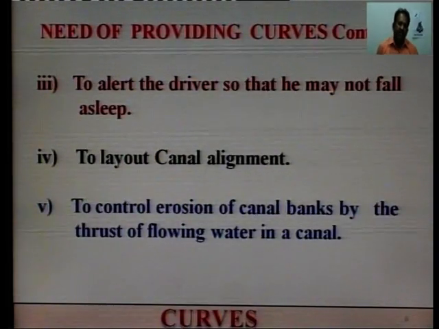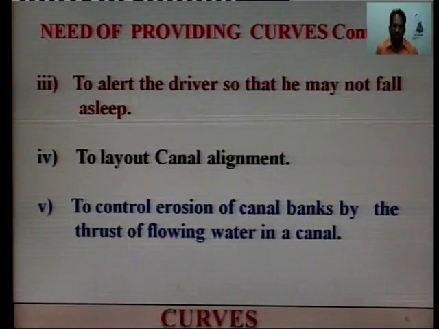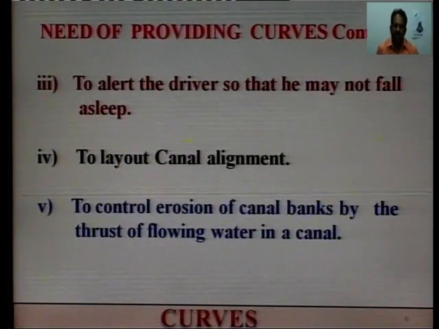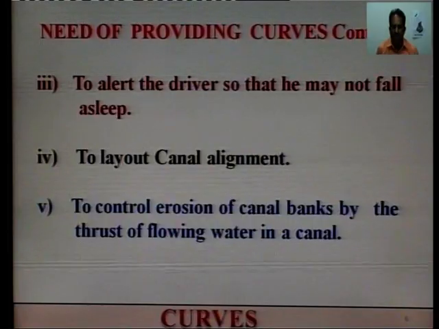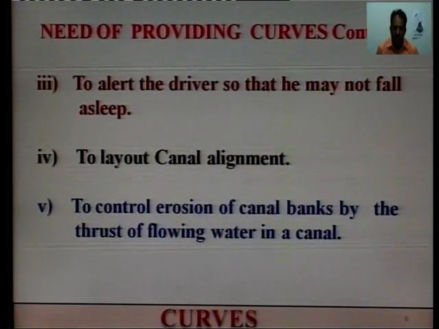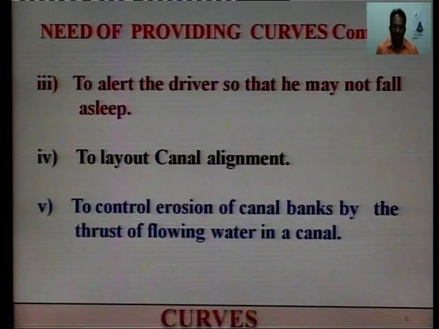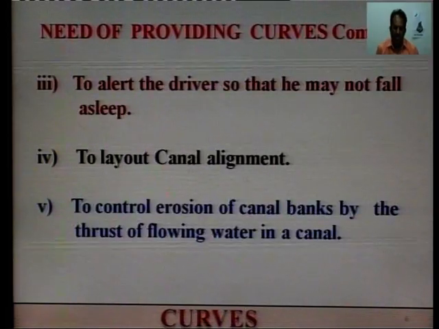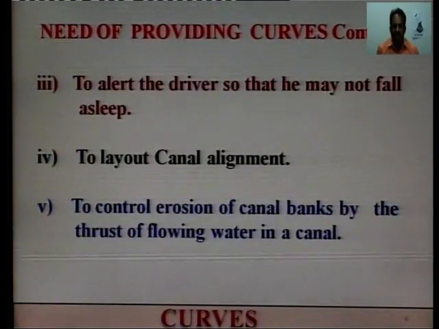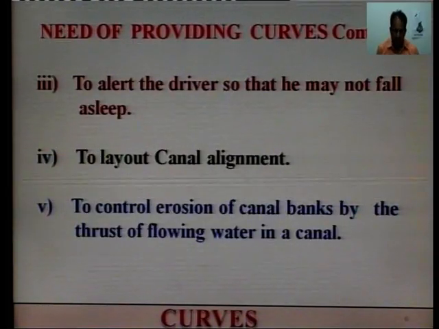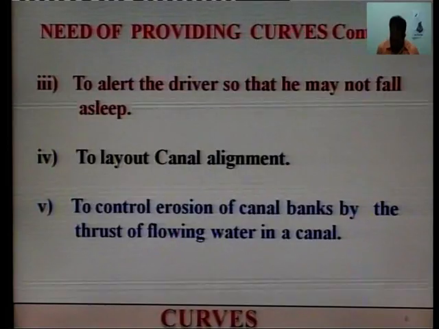If the curves are very sharp, there are chances of erosion of canal banks by the thrust of the fast moving water. So to avoid that erosion, curves are generally provided in the canal.